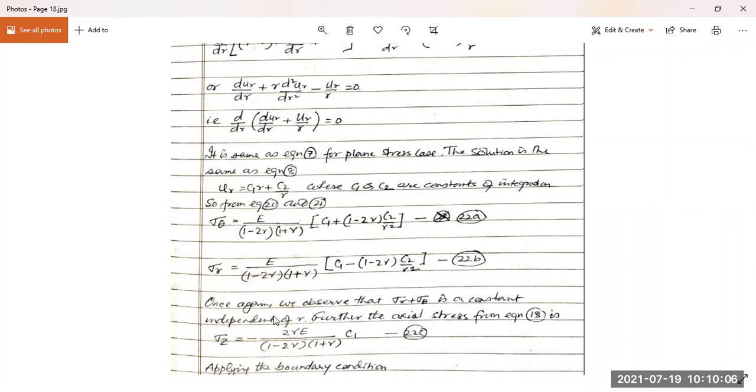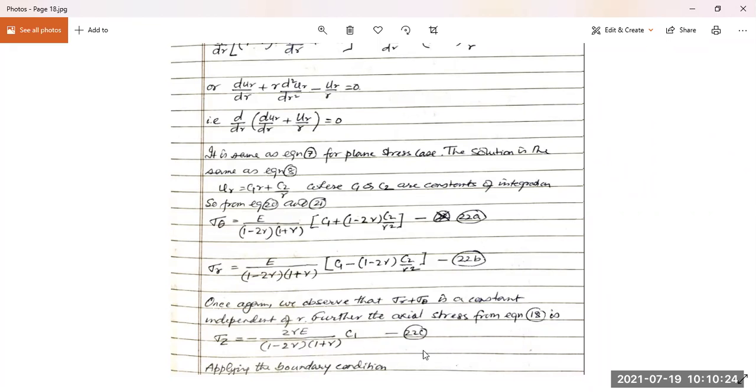Once again, we can see that if we add sigma theta and sigma r among themselves, the equation will take the form 2 gamma E divided by 1 plus gamma into 1 minus 2 gamma into C1.